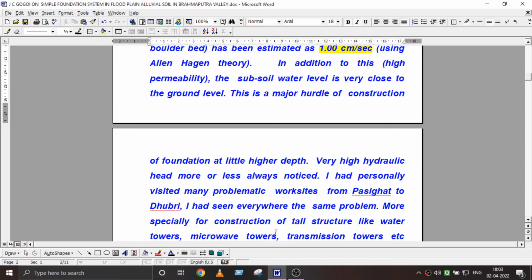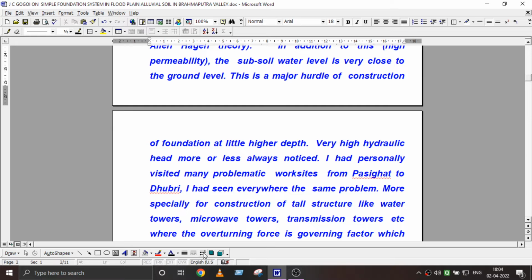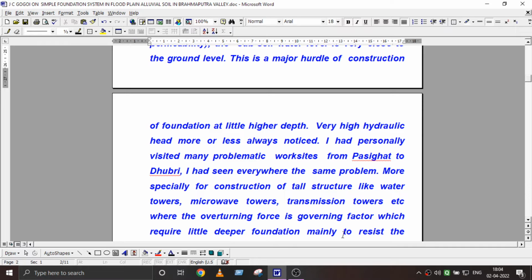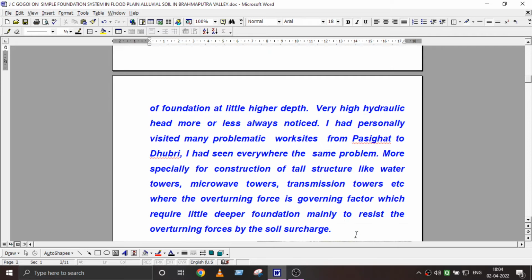Transmission towers, etc., where the overturning force is the governing factor, generally require a little deeper foundation, mainly to resist the overturning forces by soil surcharge. In some microwave towers, the dead load of the structure is 30 ton and the overturning force, that is horizontal thrust, is 300 ton.